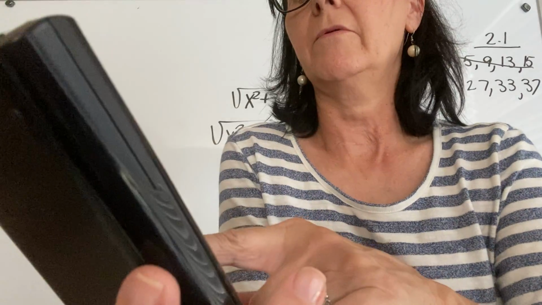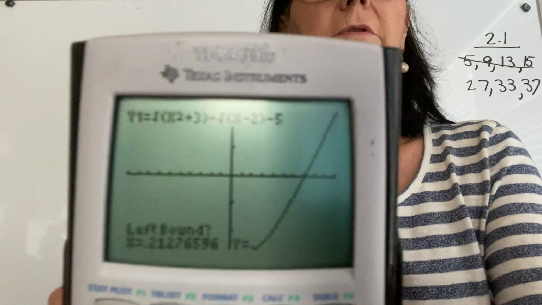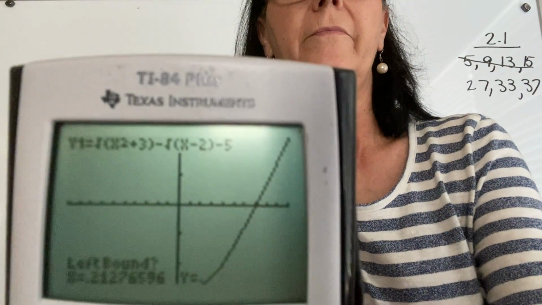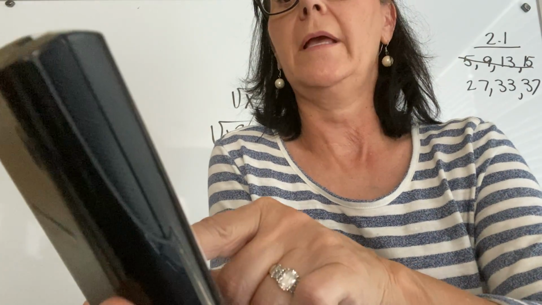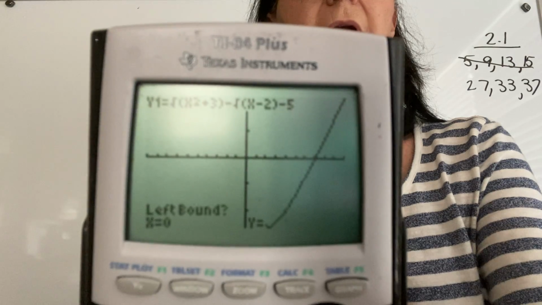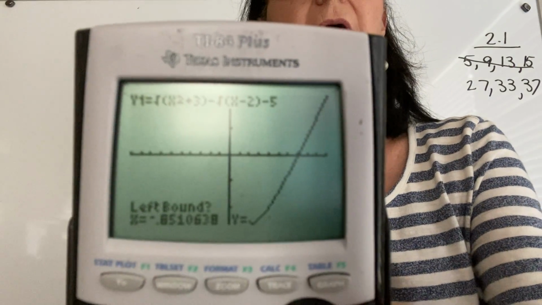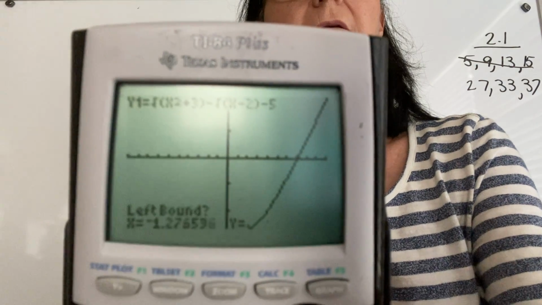X is 0. All right, I'm gonna go just one direction, see where I go. Where's my X? My X is positive. I want my X to be positive, my Y to be negative. All right, so I'm gonna go this way. I can't see my Y value.